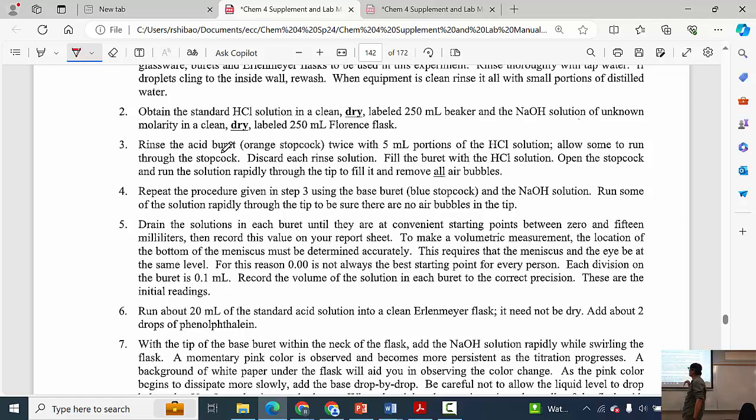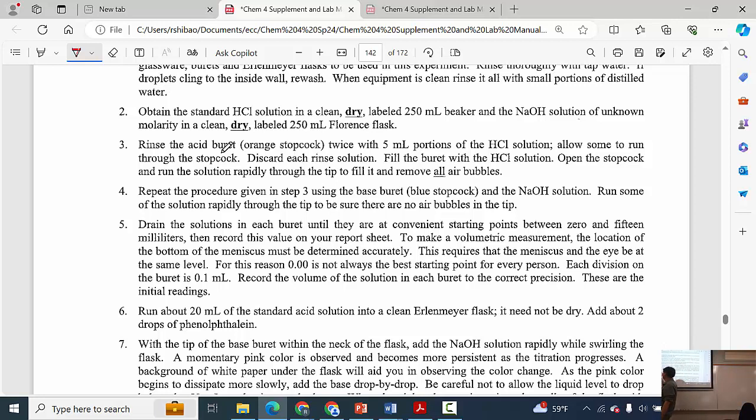Then record this. So we're going to record the initial volume to the nearest hundredth of a milliliter. So we need 2 decimal places. If you do this to 1 decimal place, then that's not a titration. I don't know why, but a lot of people, when they collect the data, only get 1 decimal place. This has happened even in Chem 1A, and you know that the person has very poor technique.